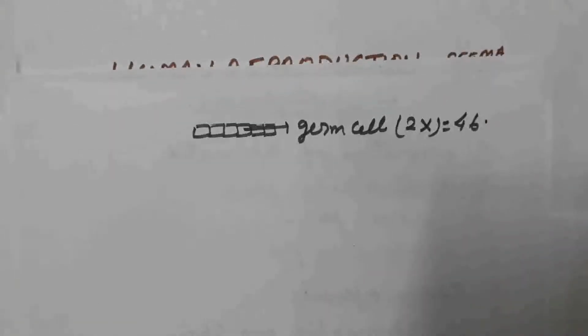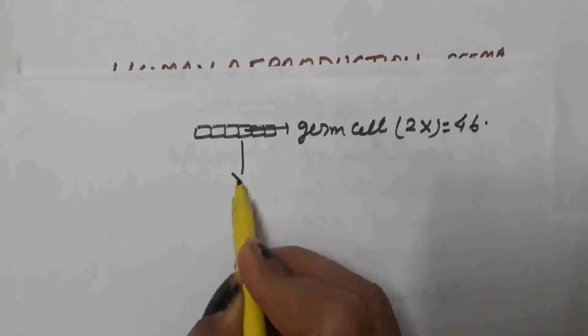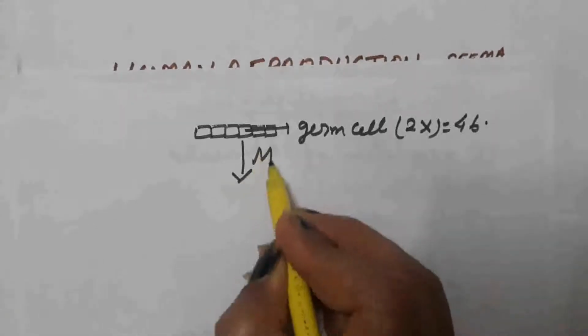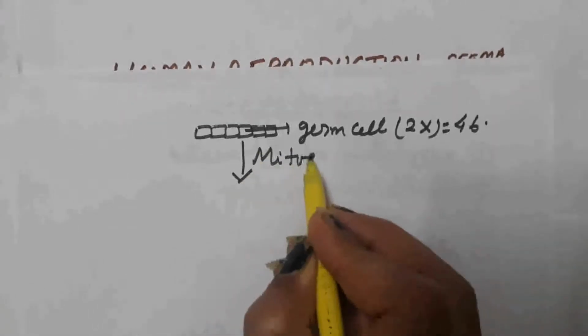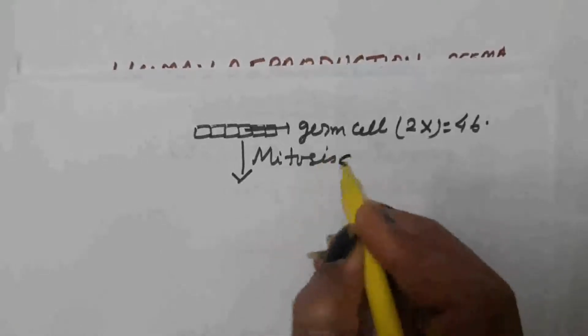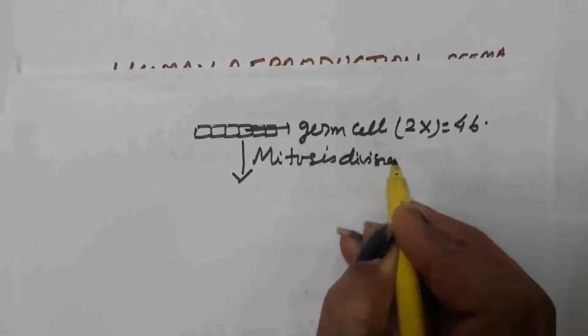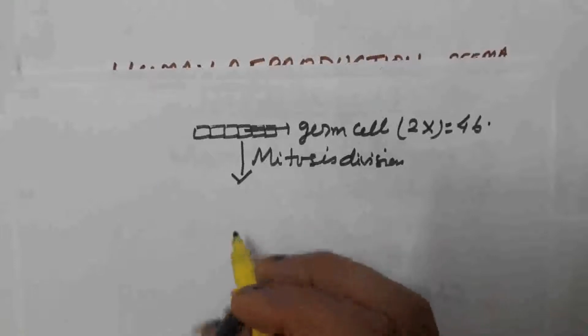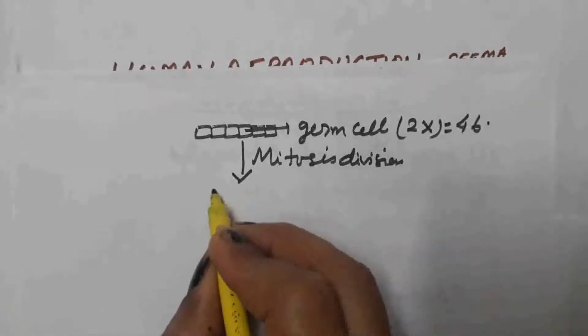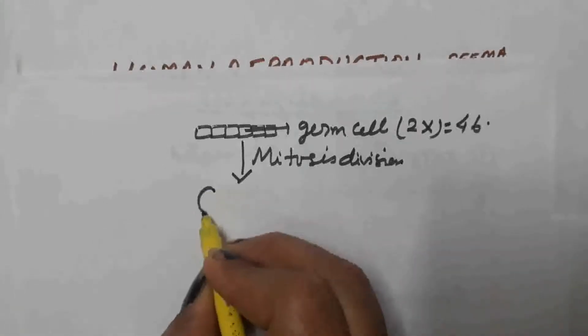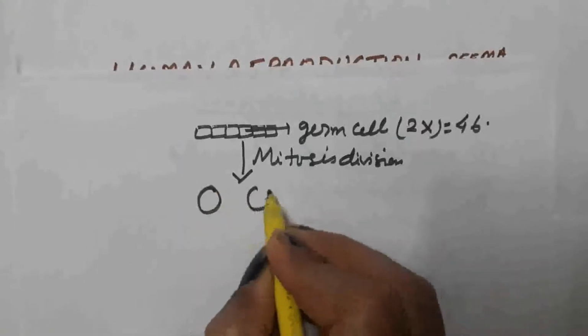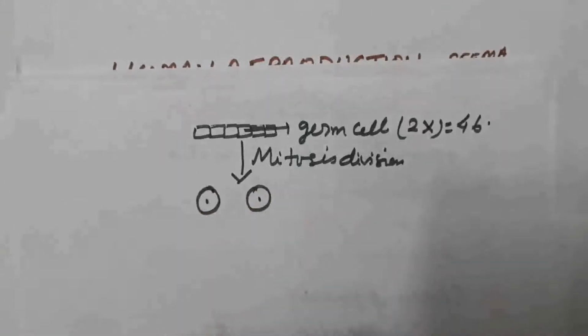So the first phase is the multiplicative phase. What happens in the multiplicative phase? In the germ cell, mitosis division takes place. From one germ cell, two cells are formed.